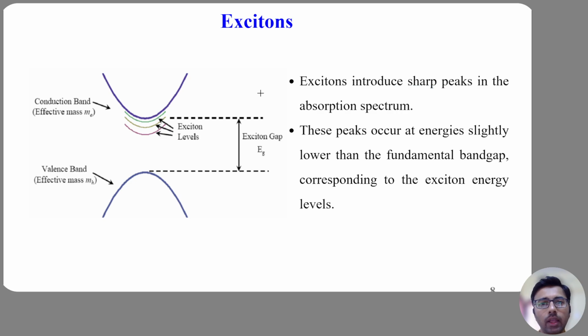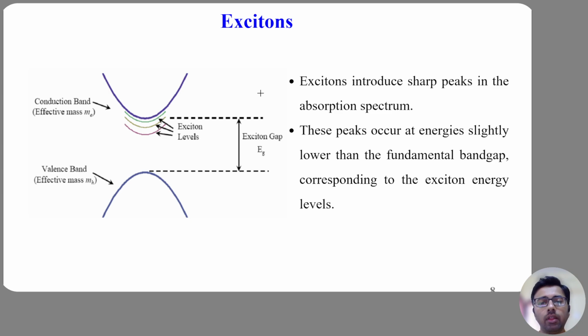Let us now examine how excitons appear in an energy band diagram. We begin with the valence band having effective mass mh and the conduction band with effective mass me.